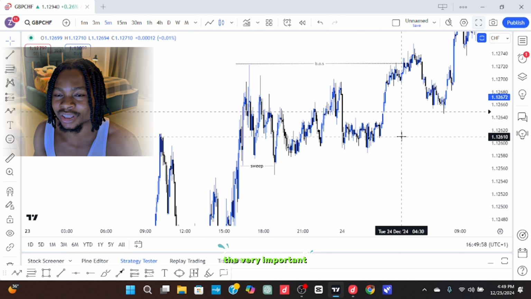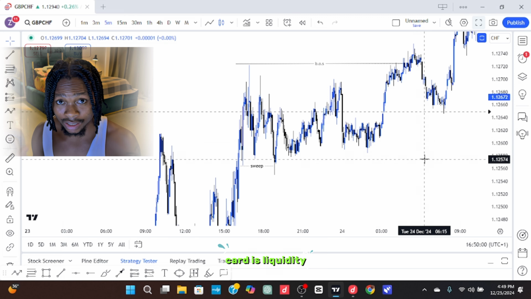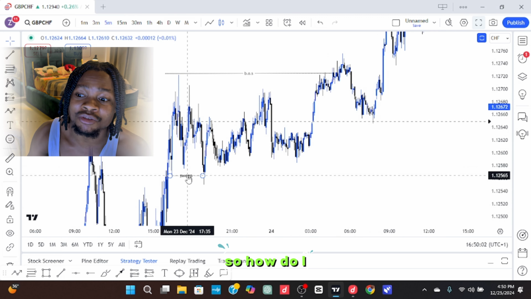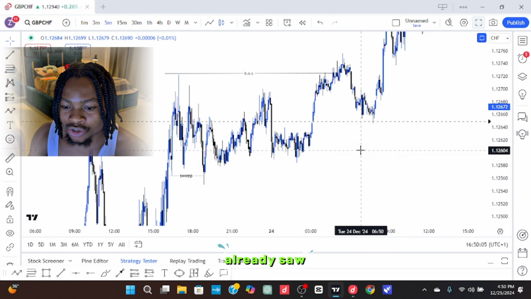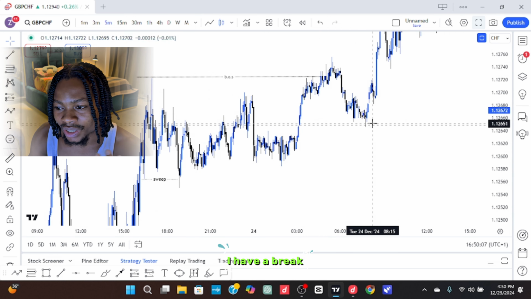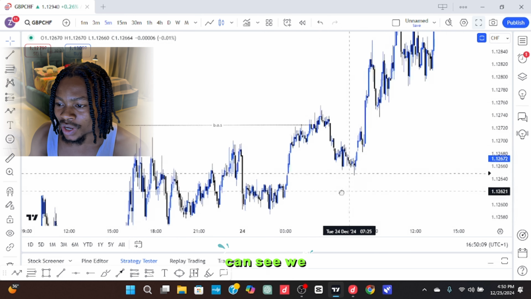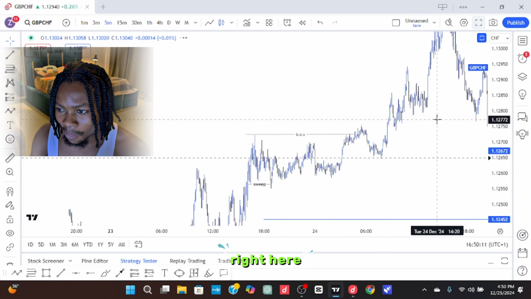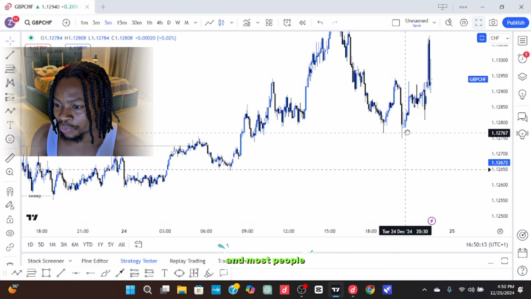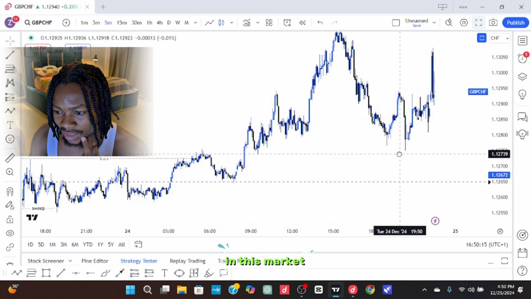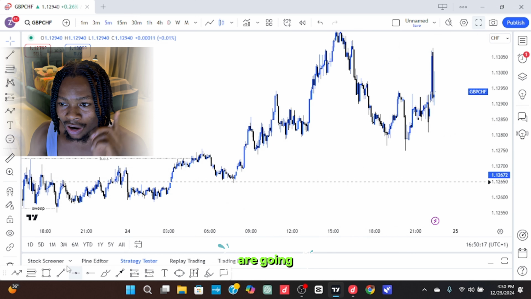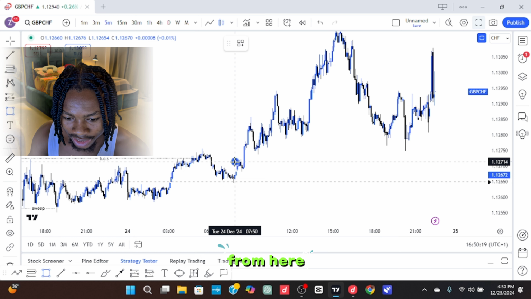The very important part is liquidity. So how do I find liquidity? I already saw my sweep and I have a break. Now as you can see, we have a low right here, and most people currently in this market are going to take this trade from here.